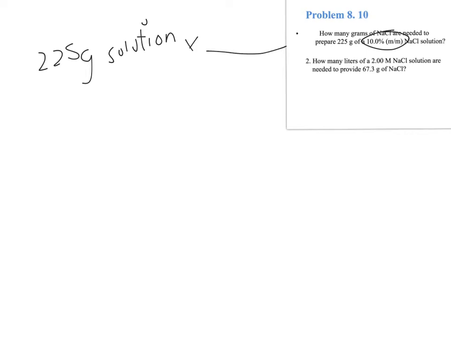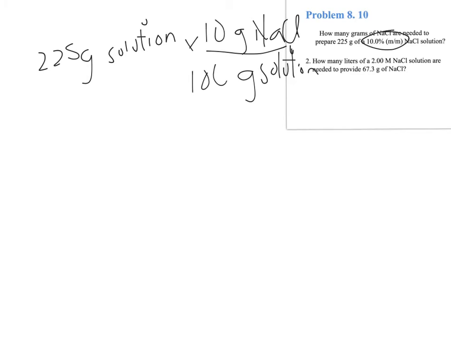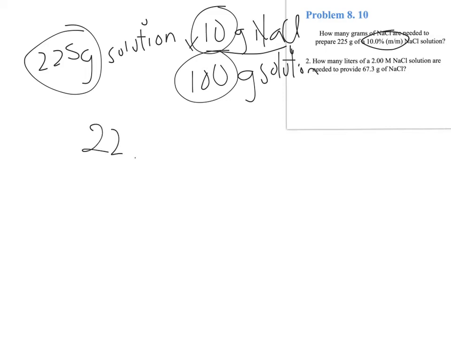So we place here grams of solution and here grams of sodium chloride. Based on the percentage, we know that we have 10 grams of sodium chloride over 100 grams of solution. So what we have to do, 225 times 10 divided by 100, the answer is 22.5 grams of sodium chloride.